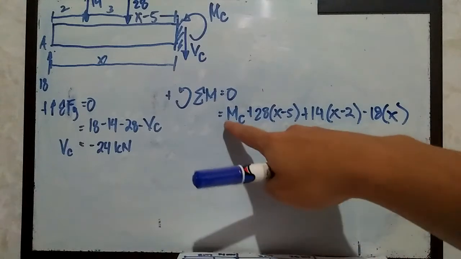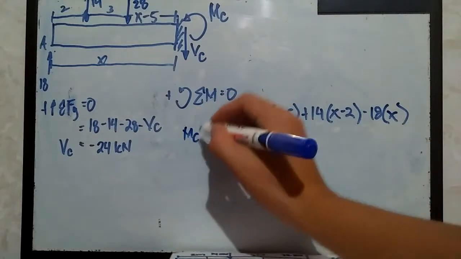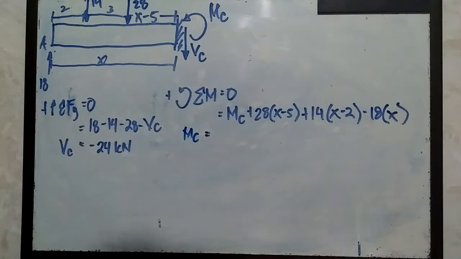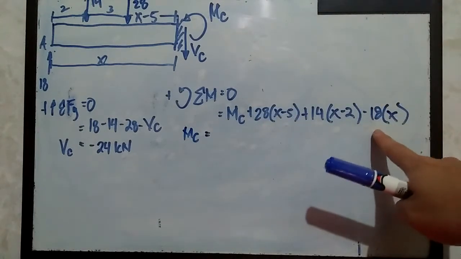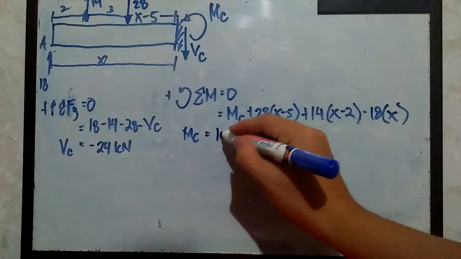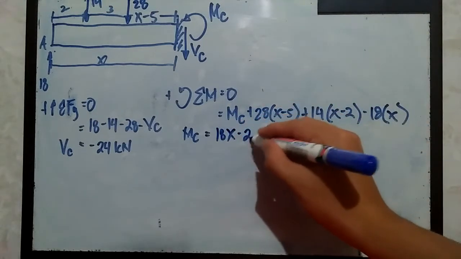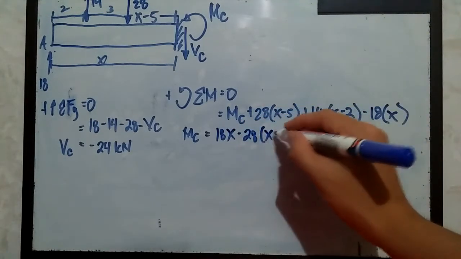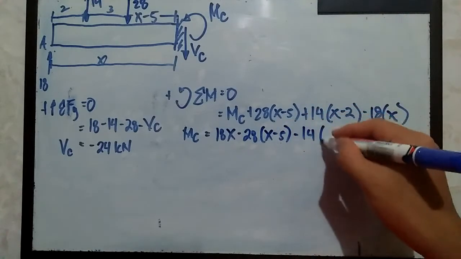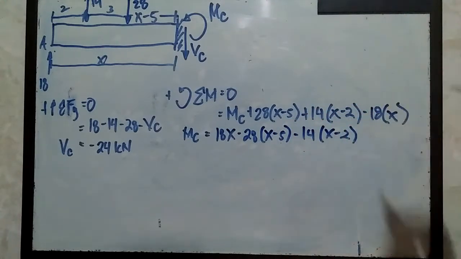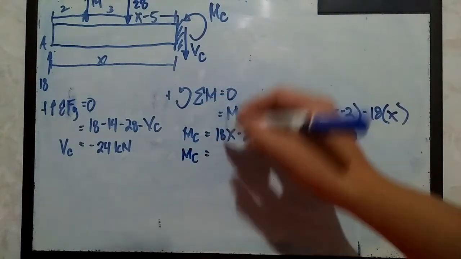And then we just need to simplify everything. So M sub C equals, it's all about algebra, transposition. Negative 18x becomes positive 18x. This one becomes negative 28 multiplied by x minus 5. Then this one becomes negative 14 times x minus 2. This is just simple algebra. From this point, M sub C equals 18x.